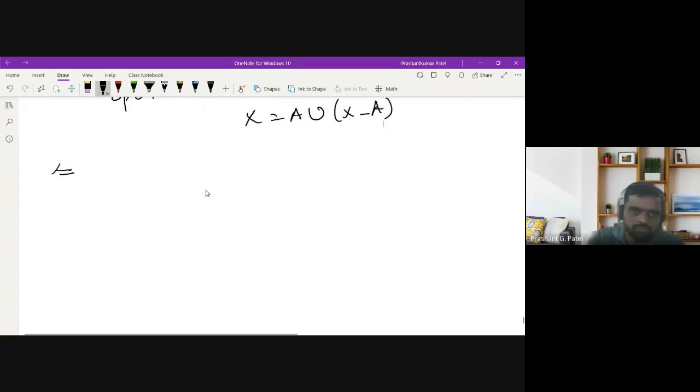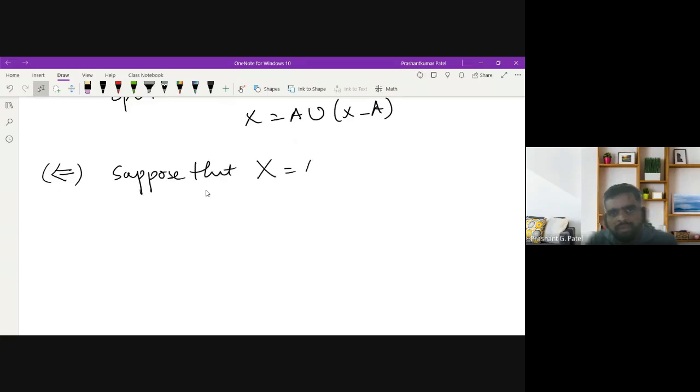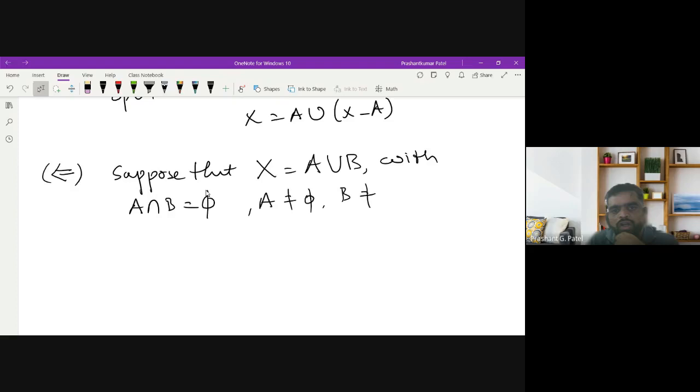Now conversely, suppose that X is A union B with A intersection B empty because they are disjoint subsets, and A is non-empty and B is non-empty, and A and B are open in X. So this is our assumption.